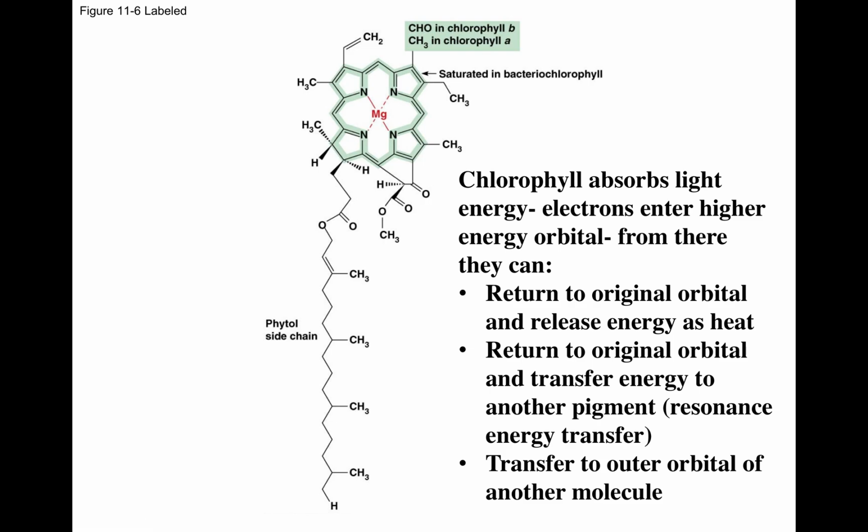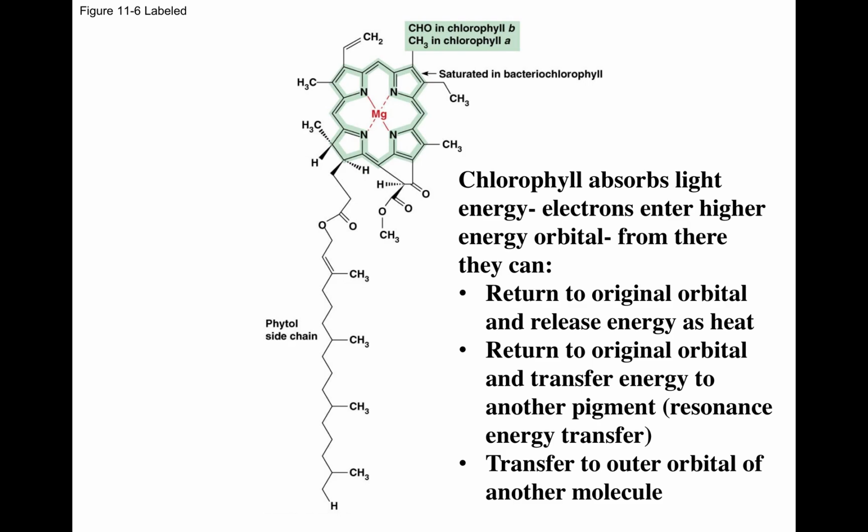And when it absorbs light, the electrons in this molecule enter a higher energy orbital. Okay, these are energy levels where electrons are most likely to be found. You have s orbitals, p orbitals, and so on, different shape orbitals.